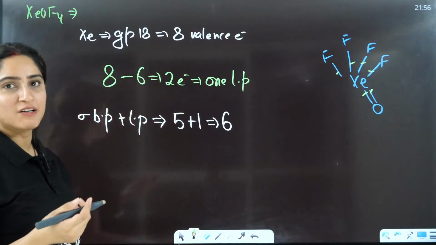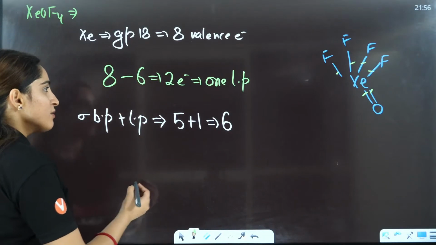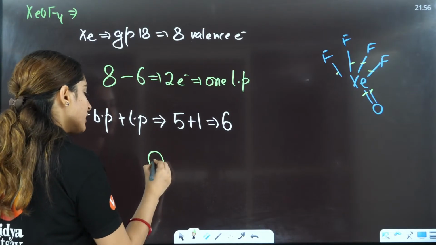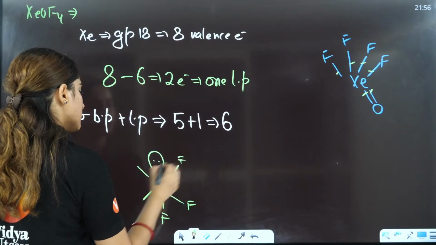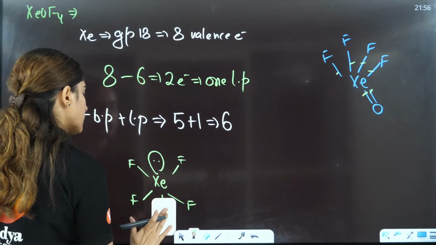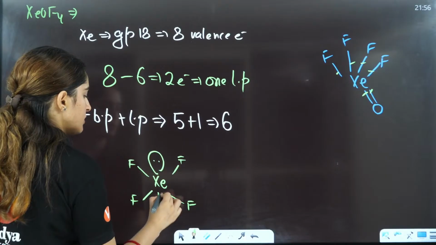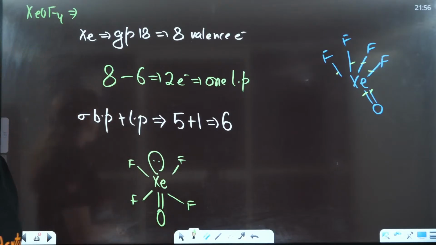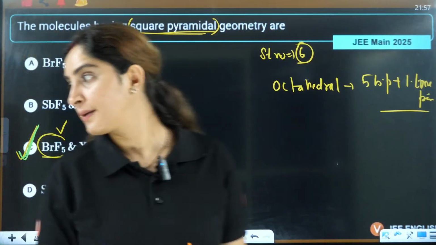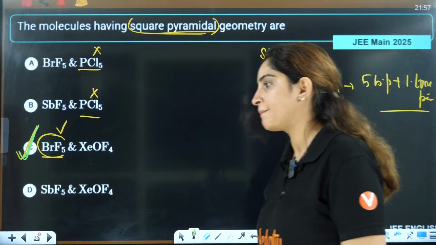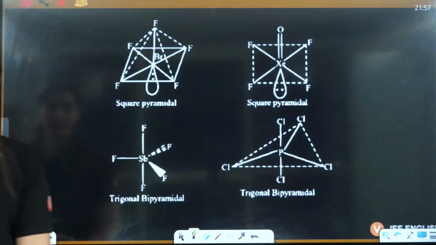Octahedral geometry, with one lone pair, so xenon is going to be like this. Double bond to O, that is going to be the answer. So that means C is the correct answer here. Right, everybody? Got it?